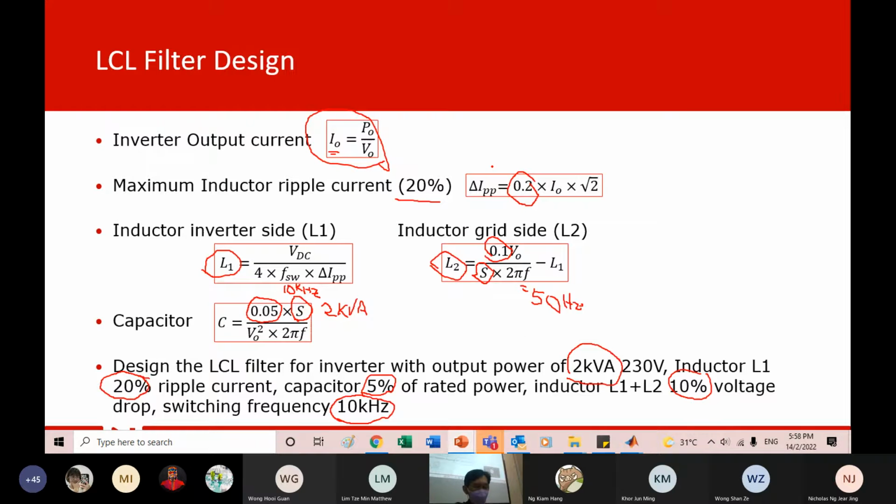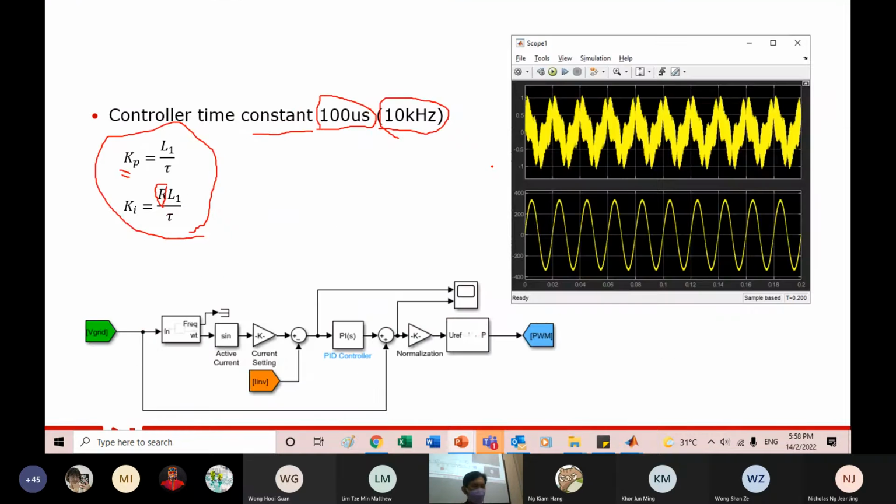But if you assume it's 0, it won't work in this equation: 0 multiplied by L1 becomes 0, and then your KI is 0. So if you have the inductor yourself, you can measure it and put that in. If not, you assume it's 1 milliohm, a very small value, and that will do.